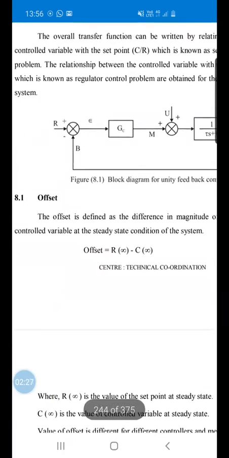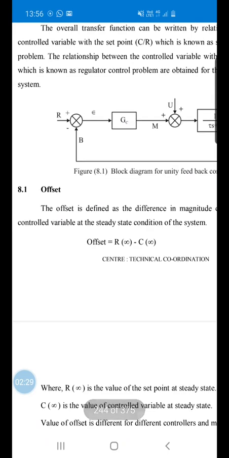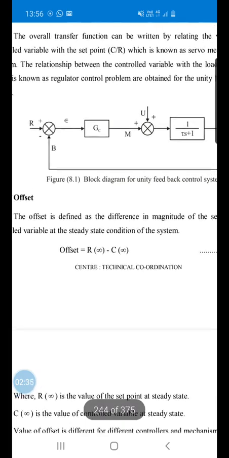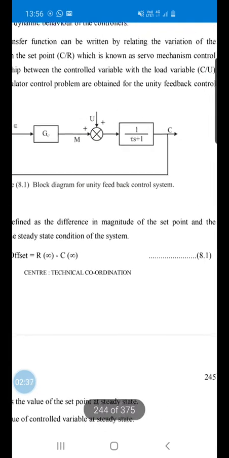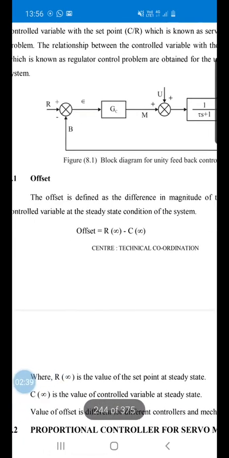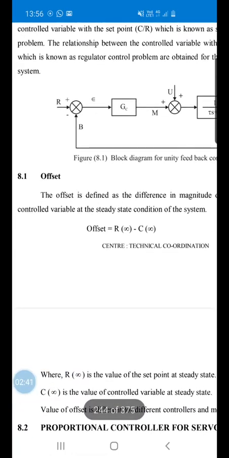So it's very essential to define offset now for this case, where offset is defined as the difference in magnitude of set point and the control variable at steady state condition of the system.